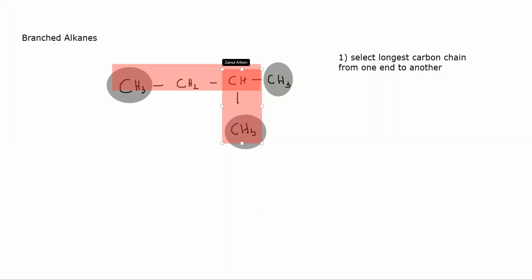So that will be 4. And if I count from left to right or right to left, it's also giving 4. So 2 combinations are giving 4. Then I can select any one of them. I'll get the same answer. So maximum number of carbons from one end to another are 4. So this is the main chain.